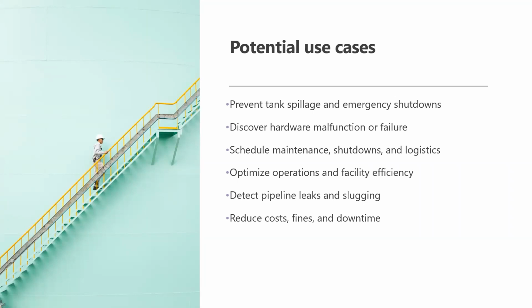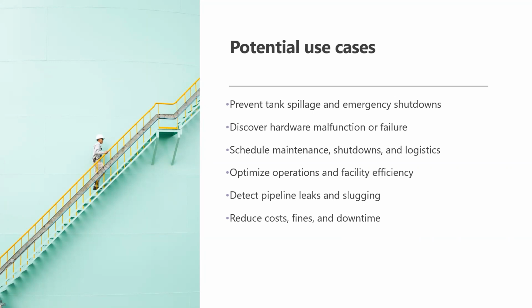So let me talk about these potential use cases. These forecasts are created by harnessing the power of real-time and historical data readily available from sensors, meters, and records, which helps in these scenarios.